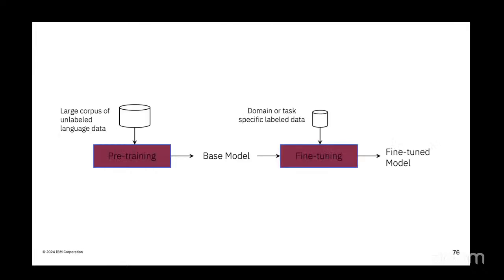That's called pre-training, where I take a large corpus of unlabeled data, which is basically a collection of books, and I give it to the model and ask it to repeatedly reproduce whatever it has seen. I give the model all the sentences in the books, and I ask it to reproduce the sentences.